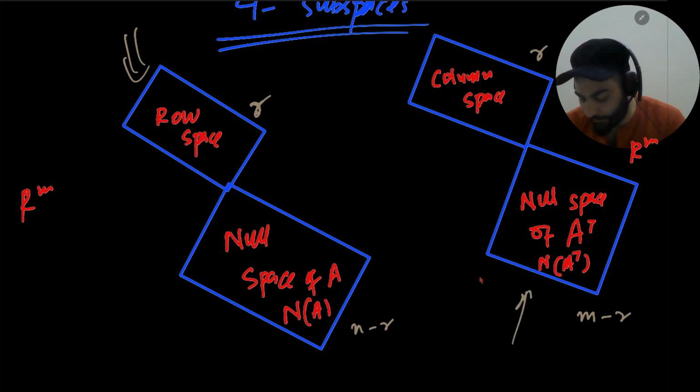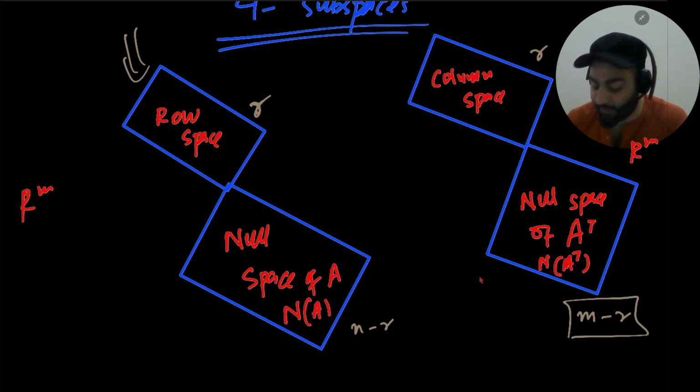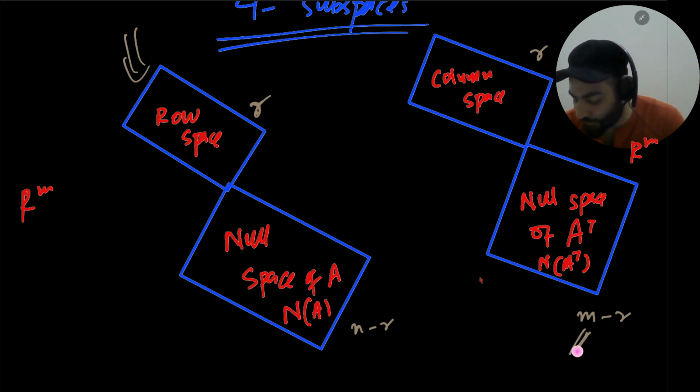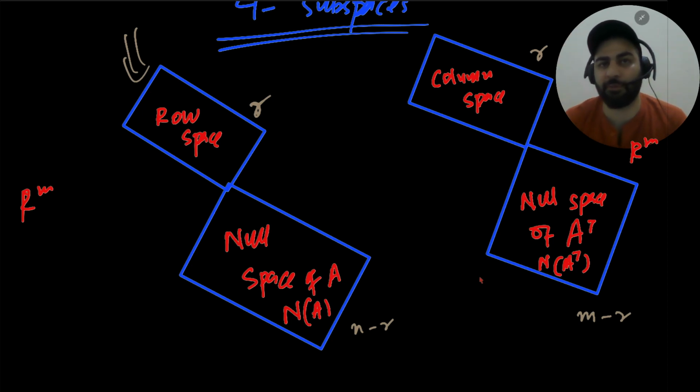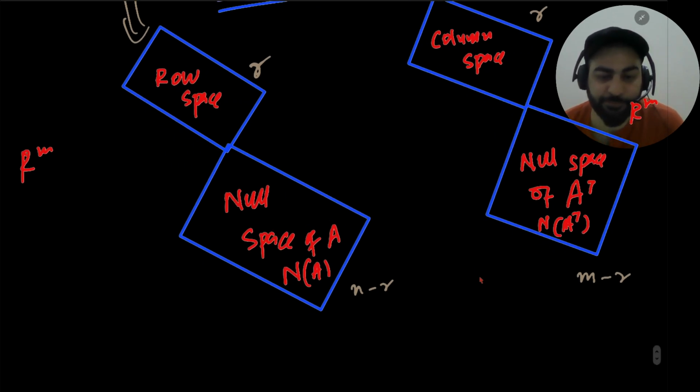A transpose is just the transpose of this, so the same dimension will be there, but the dimension will change because now the rows will be there, m minus R. And similarly for the row space, nothing changed basically. Here the row space will again be the pivots, so number of pivots basically. That's how we define the dimension. Is it clear? Are the dimensions clear?